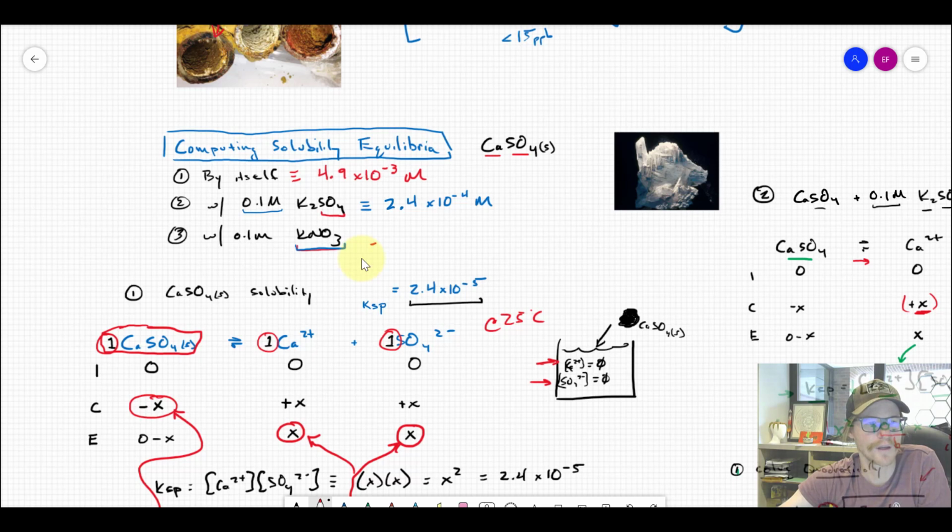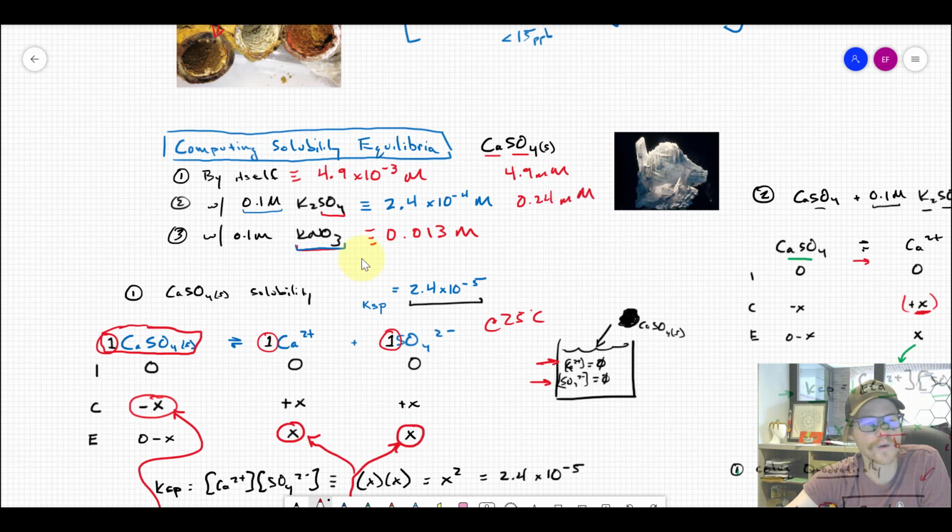We can put 0.013 molar. So now we're talking about three different situations. One where we have calcium sulfate by itself, which has roughly 4.9 millimolar solubility. We have with a common ion, which is essentially 0.24 millimolar.